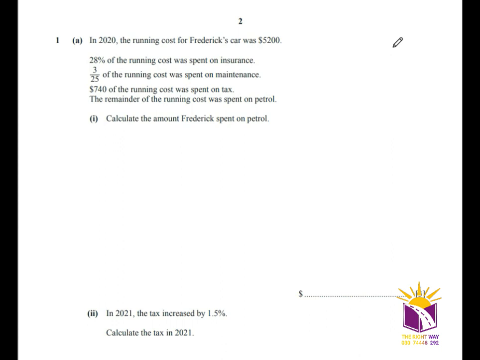So first of all, I am going to find 28% of 5200, which is 5200 multiplied by 28 divided by 100, and that is 1456.